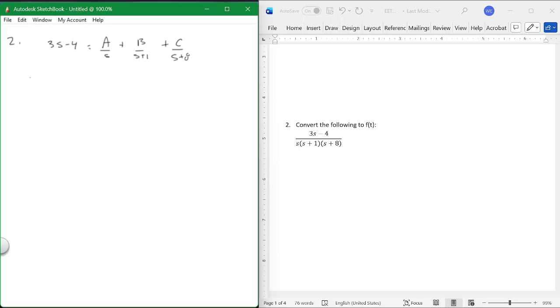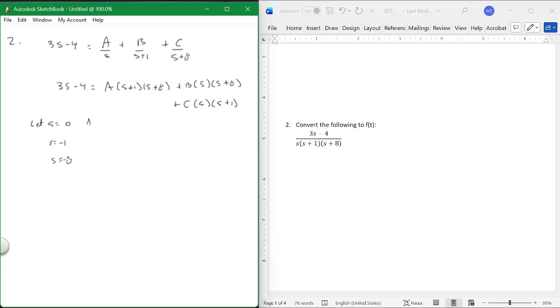Again, okay, and then I'd say 3S minus 4 is equal to A times S plus 1 times S plus 8 plus B times S plus 8 plus C times S plus 1. Okay, so let S equal 0, S equal minus 1, S equal minus 8, and you get your A and your B and your C.